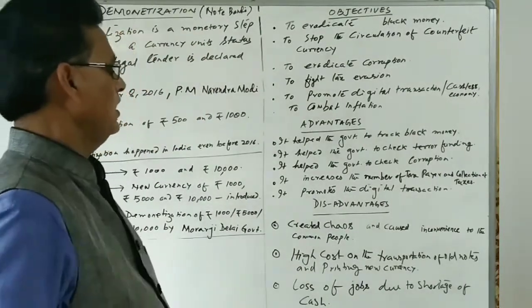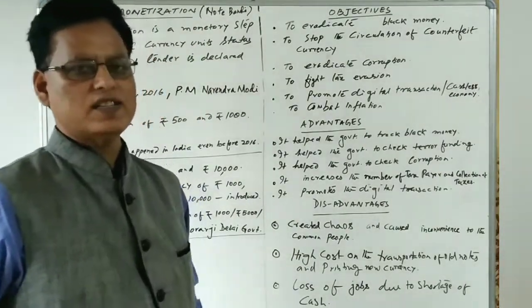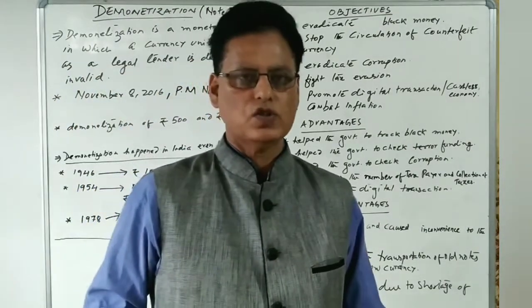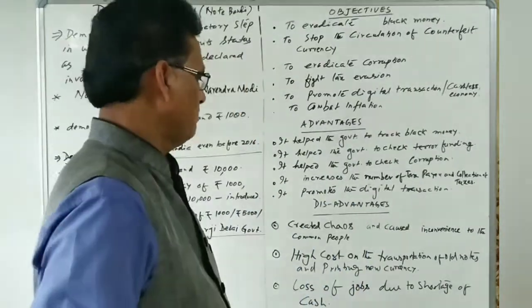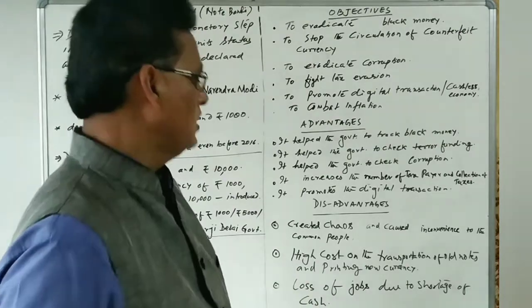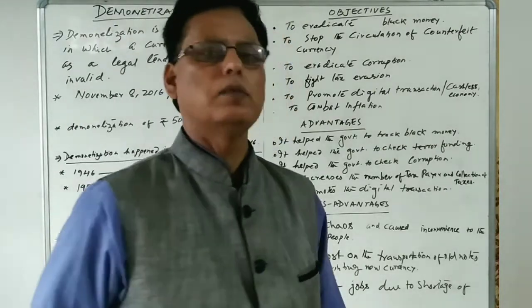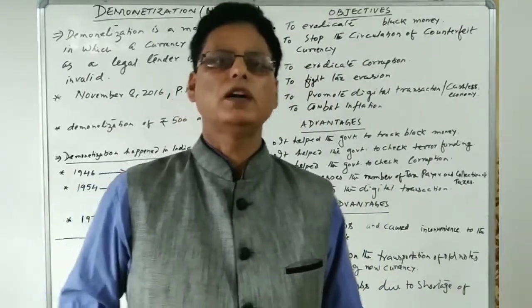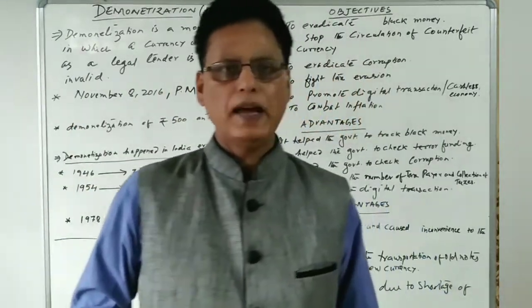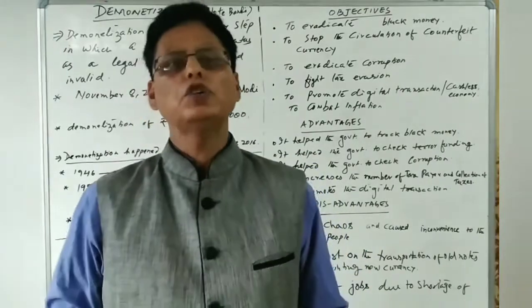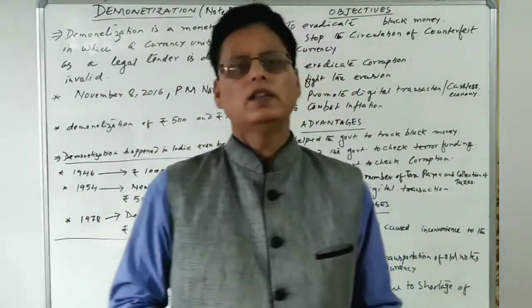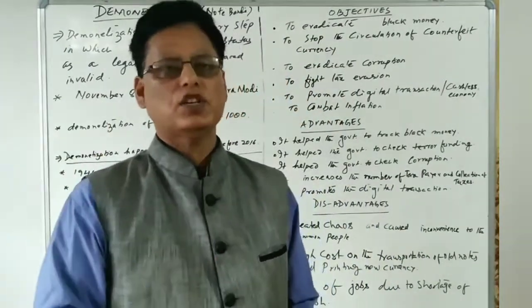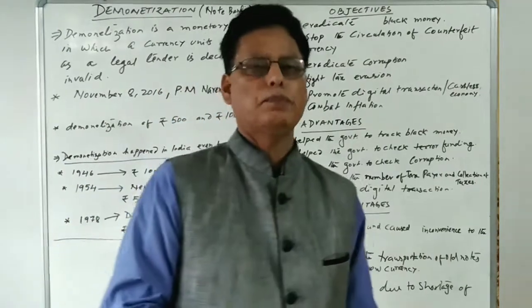Let us see what the disadvantages are. There were certain disadvantages also, because common people faced inconvenience in depositing money into the bank and ATMs, or in withdrawing money for transaction and payment purposes.